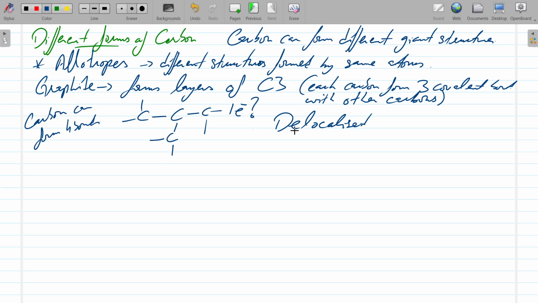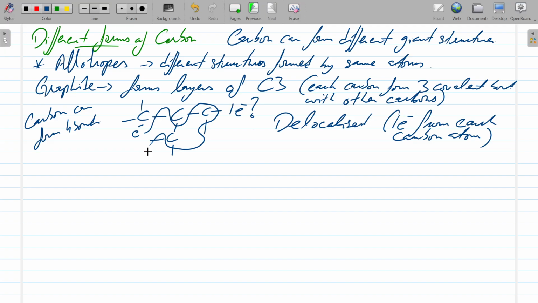One electron from each carbon atom is moving about freely over here. That is what delocalization is. The electron is moving freely between the atoms.